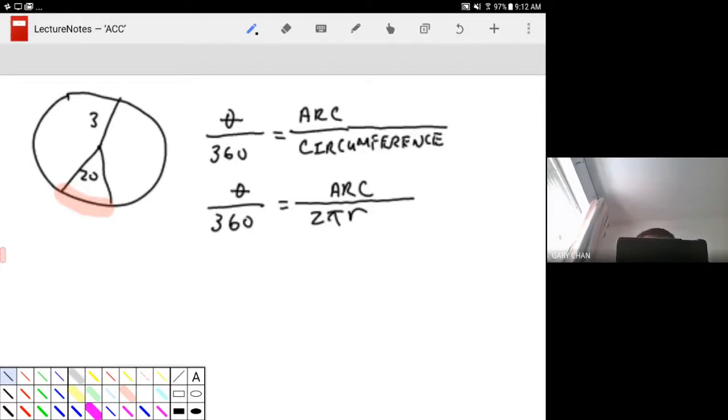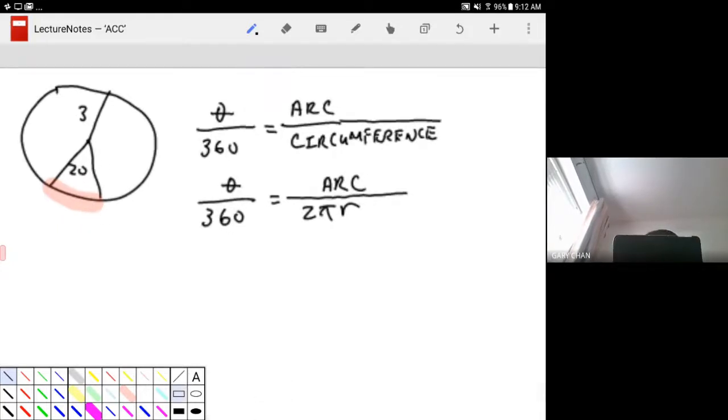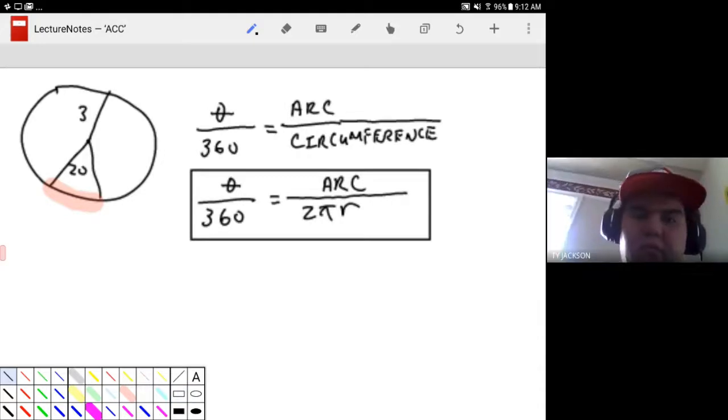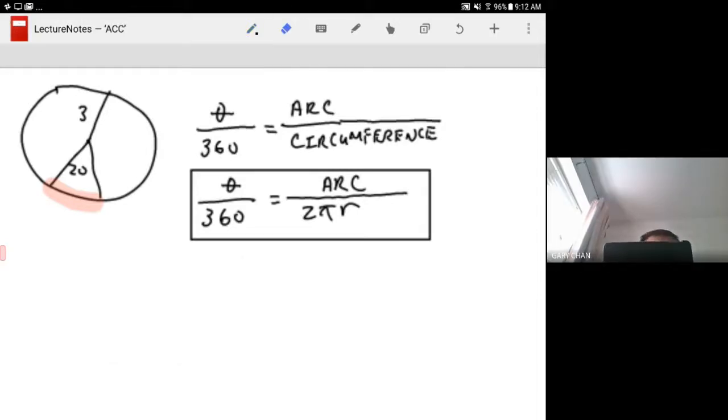So now let's take a look at this, okay? Do we know what theta is in this equation here? Theta is, let me see. No, we actually do. Theta is 20, right? That's right. Theta is 20 degrees.